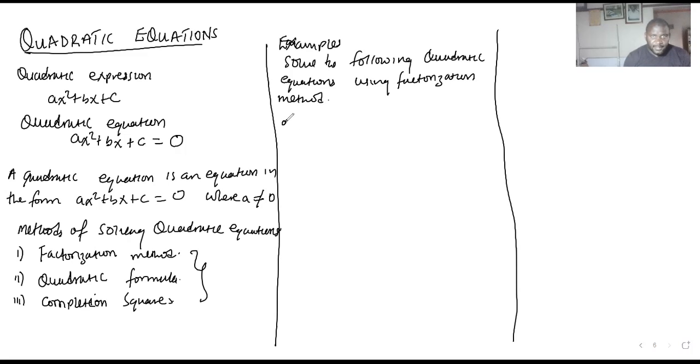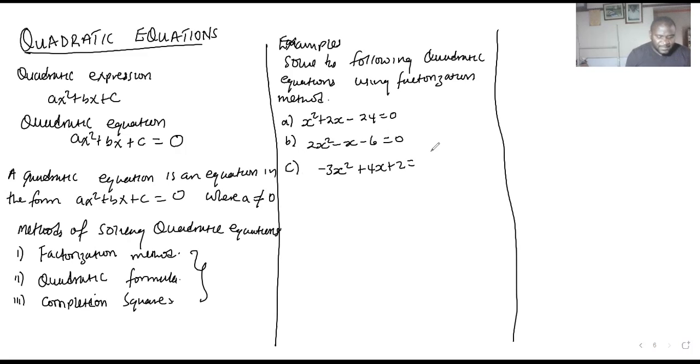A: x squared plus 2x minus 24 is equal to 0. B: 2x squared minus x minus 6 is equal to 0. I've been using some of these methods and some of you are wondering, what is teacher doing? Now we are going to go into detail on how these methods are dealt with.